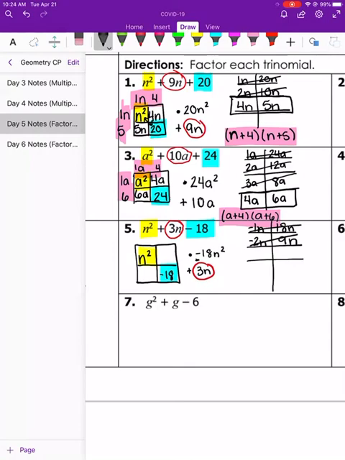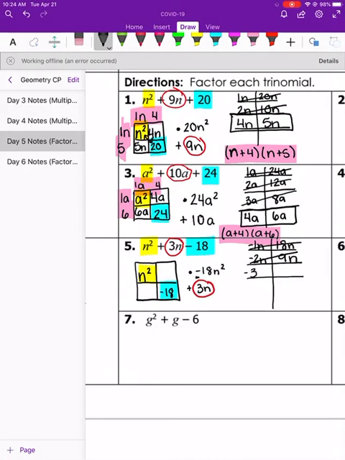My next one, I can do negative 3. Negative 3n goes into negative 18n squared, 6n times. Okay? So negative 3n times 6n is negative 18n squared.